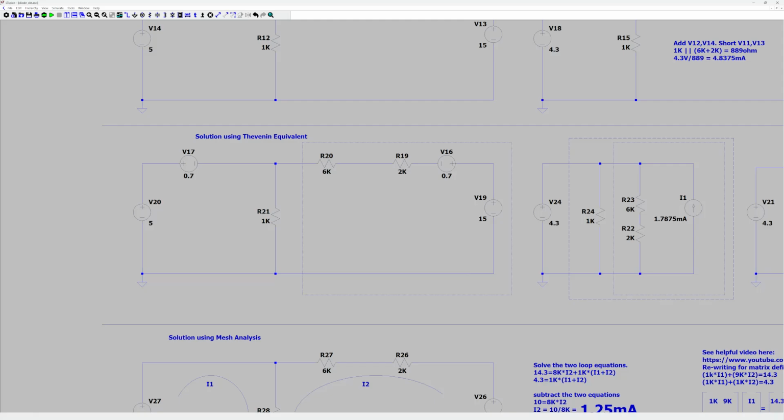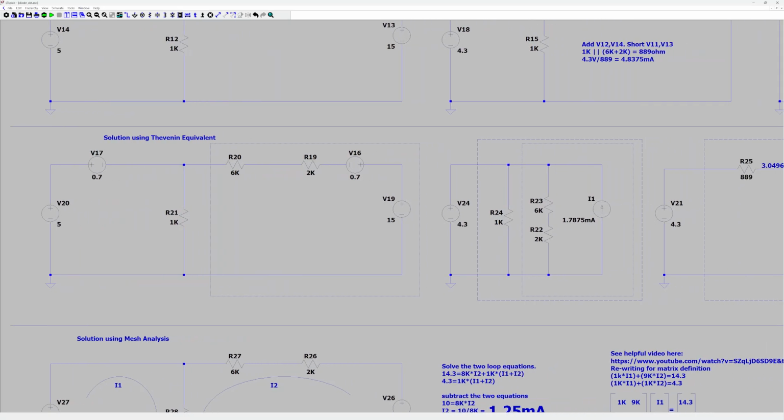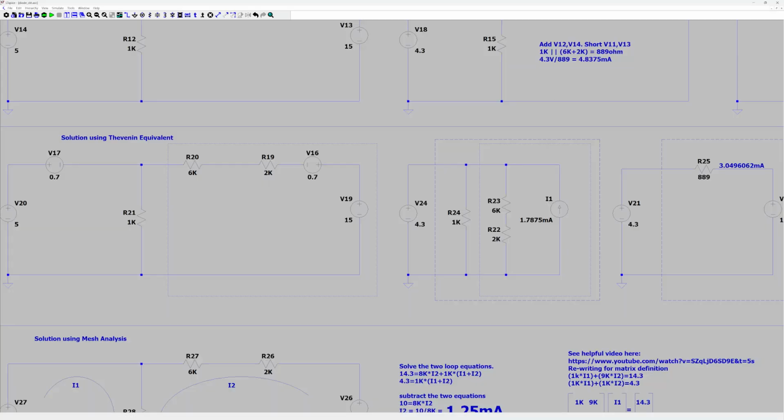So if we scroll to the right, you'll see that this small dotted box, a voltage source with a series resistance, is now converted into a current source with a parallel resistance.